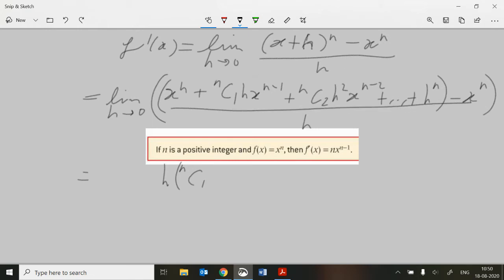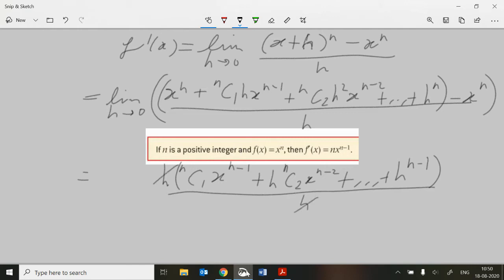We've got h nC1 x to the power of n minus 1, plus h squared nC2 x to the power of n minus 2, plus dot dot dot, and the last term, which we really don't care about that much, is h to the n. Of course this cancels with this, and now we can divide by that h. And then we've got the limit as h tends to 0 of this thing here.